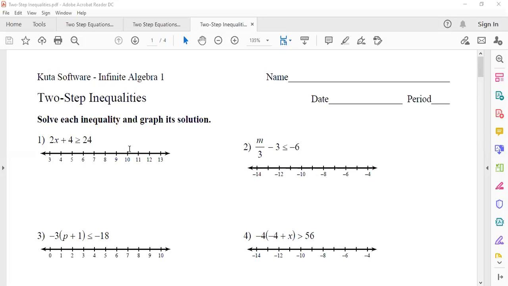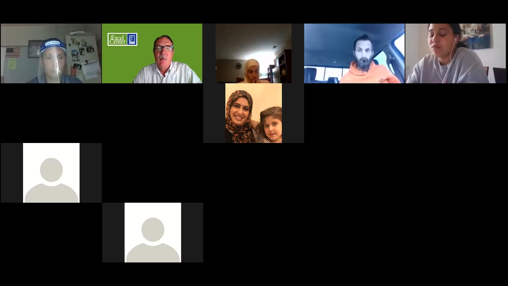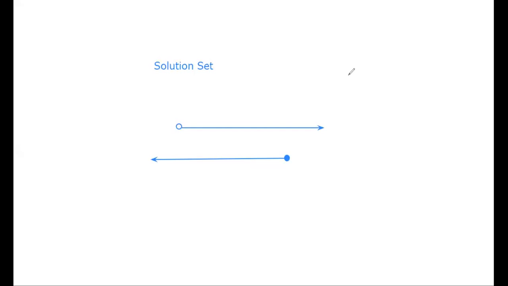But once we graph it, it's going to look different. So if I go back to my whiteboard, the other thing that you have to get used to here, I guess I'm gonna have to.